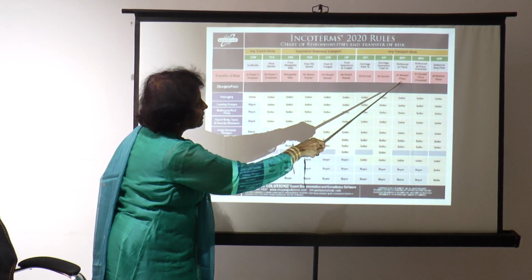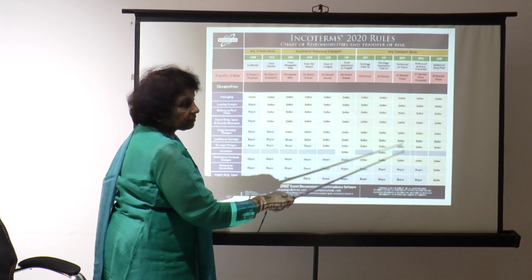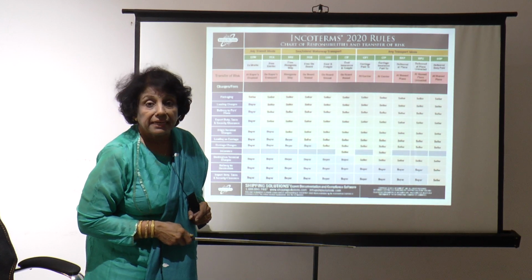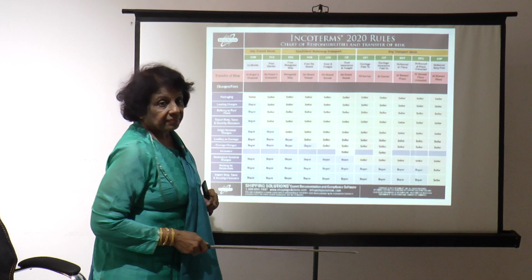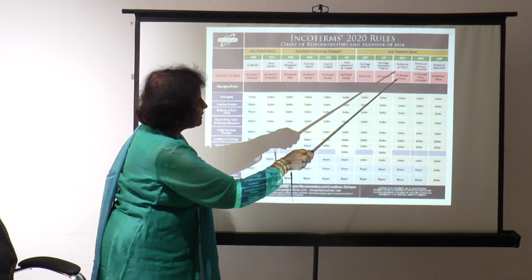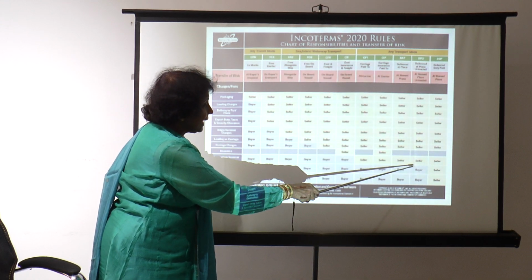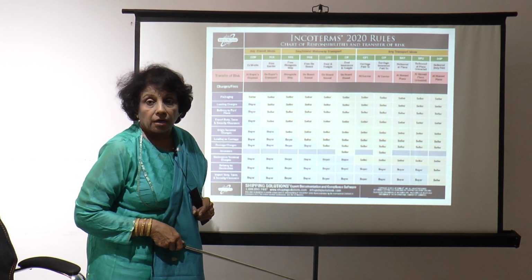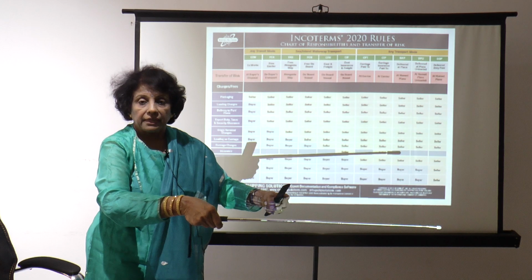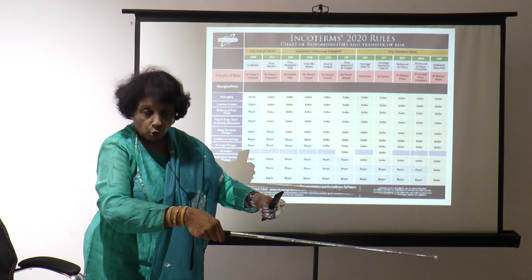Delivered at Place is a named place, whereas Carriage Paid To is at the carrier. Next, Delivered at Place Unloaded. Again it is similar, but at the named place wherever it is unloaded. So he will unload it.